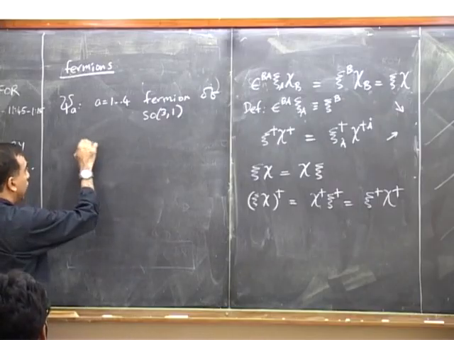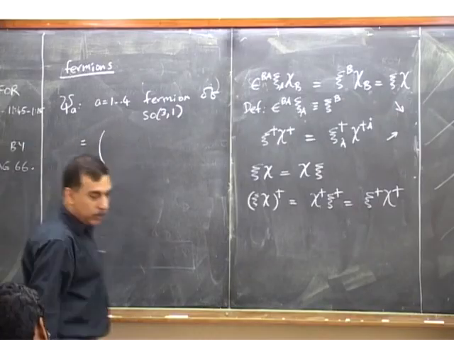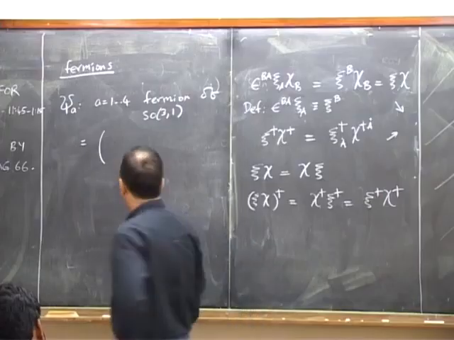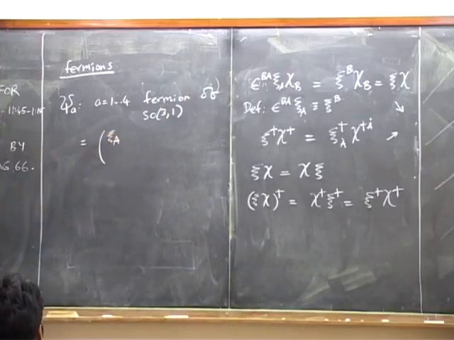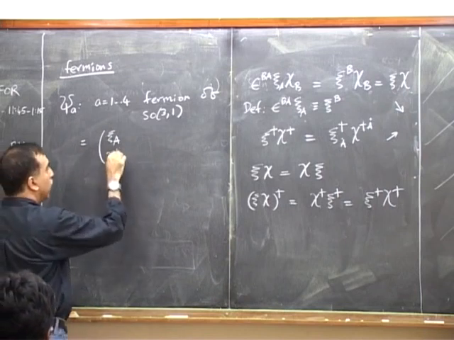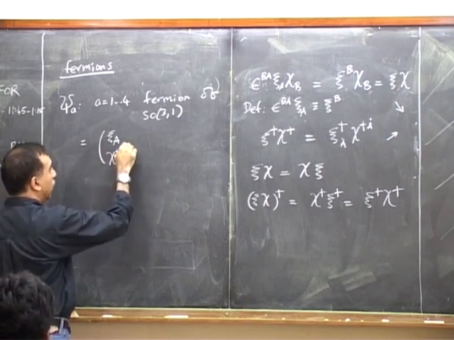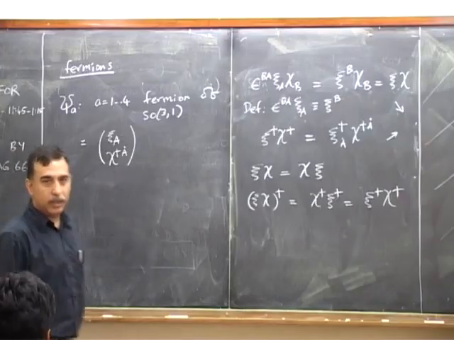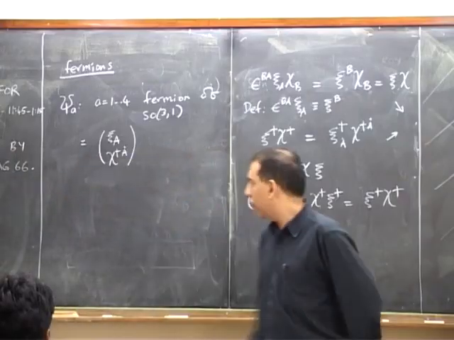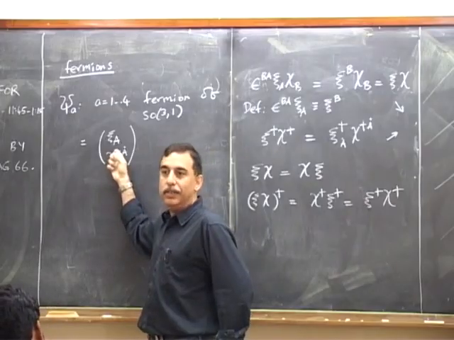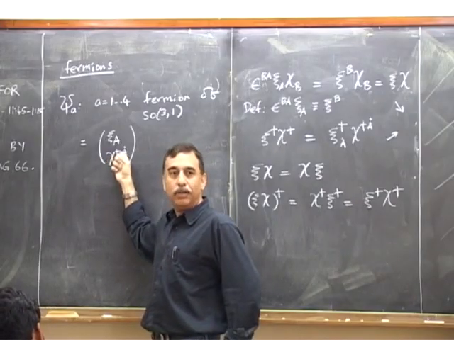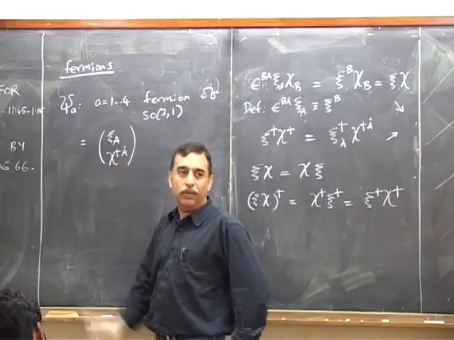This thing has a decomposition in which its first 2 components are a lower undotted spinor, and its next 2 components are an upper dotted spinor. The fact that I am calling this chi dagger is a convention. I could have called this one chi A dot, but then its undotted counterpart would have had a dagger.